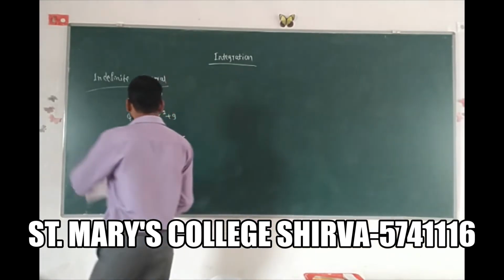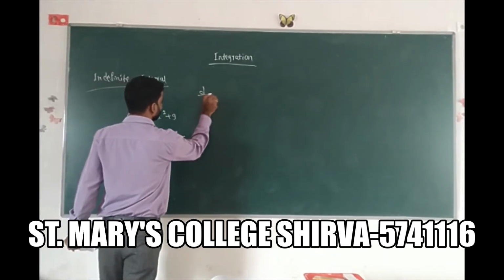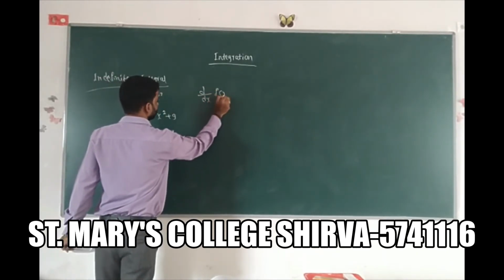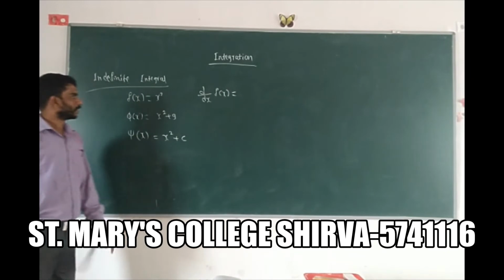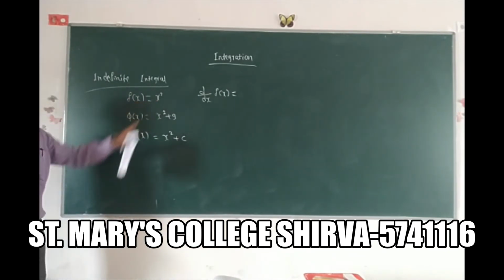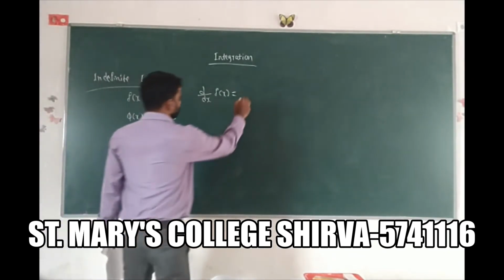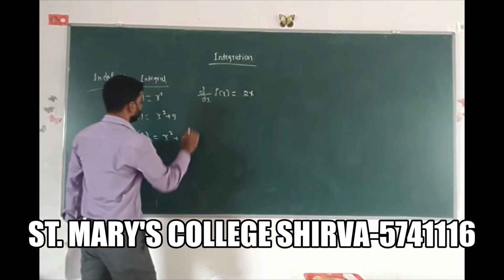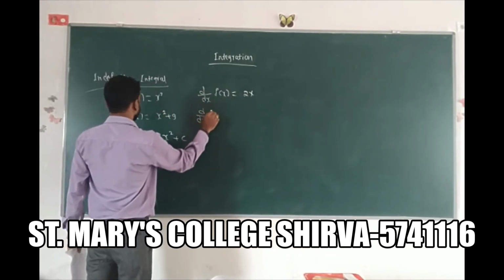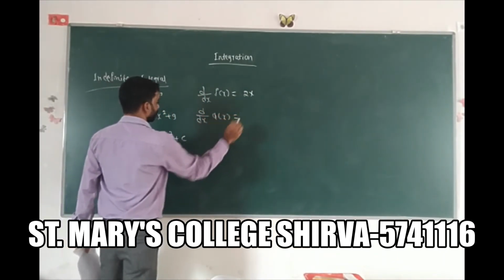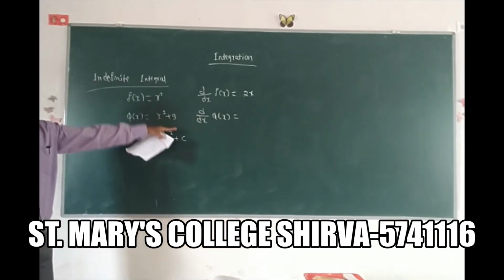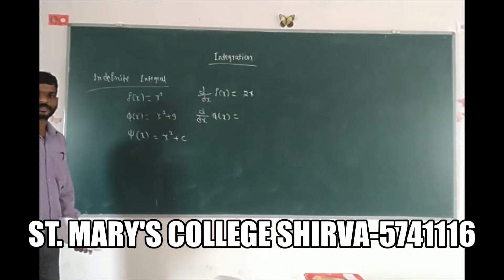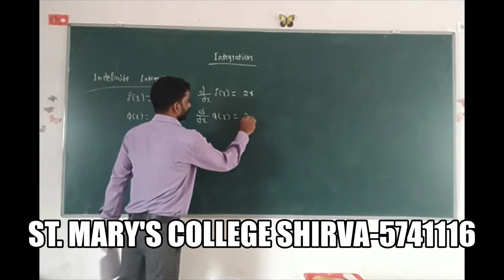Now, what is the value of differentiation d by dx of f of x? The differentiation of x square is 2x. Similarly, the differentiation of phi of x, x square plus 9, is also 2x.